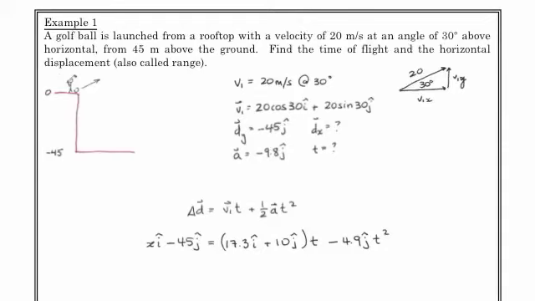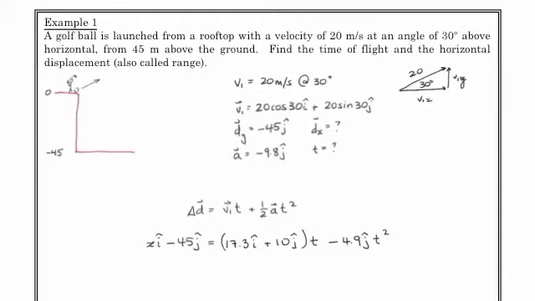If you're wondering where I got those numbers from, look up to V1. 20 cos 30 is 17.3. 20 sine 30 is 10. Minus, of course, 1/2 at squared is minus 4.9 j hat t squared.